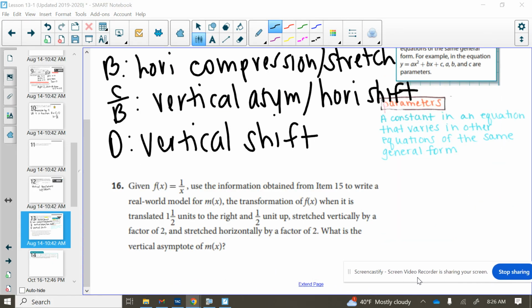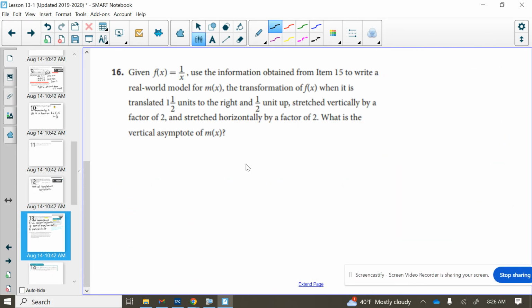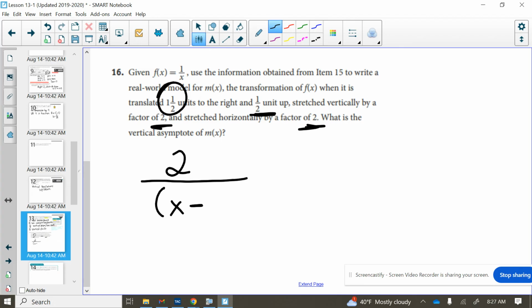So for instance, on number 16, if we have 1 over x, and we notice that we are shifting it to the right 1.5 units, up 0.5 unit, vertically stretch it by 2, and horizontally stretch it by 2, a couple things that we would have to make note of. So for instance, we would have that vertical stretch up top, that's our parameter A, and then we would be translating it 1.5 units to the right, so we know that that is normally our x, to the right would be 1.5.